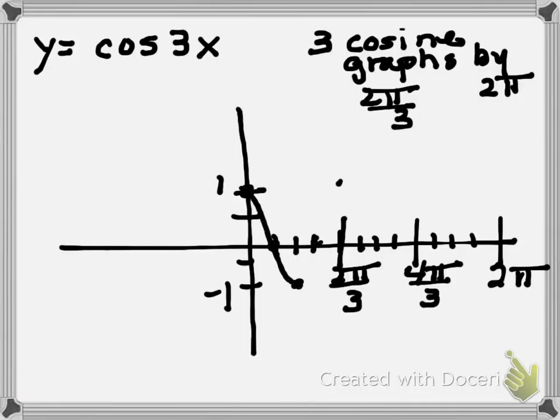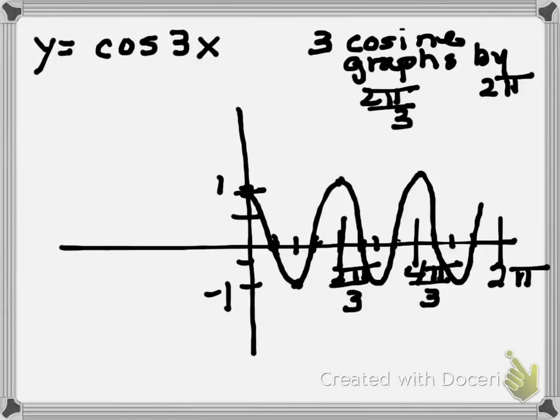So if I only ask you for one complete cycle, it would be done by 2 pi over 3. And then I could always repeat the second one and the third one, so that you see 3 of them between 0 and 2 pi, and of course I could always graph on the other side of the y-axis as well.